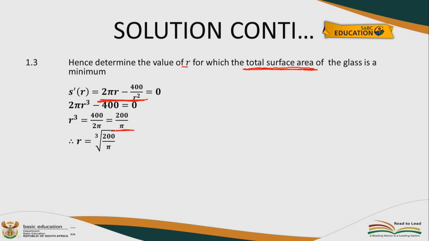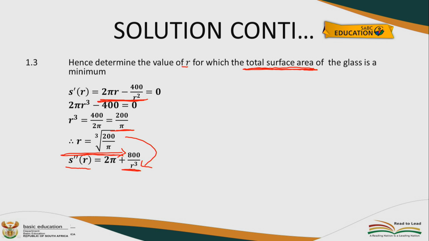Now I still need to verify that I'm going to have a minimum surface area for that value of r. To do that, I'm going to take the second derivative. If I take the second derivative of the expression for surface area, I find that the second derivative is 2 pi plus 800 over r cubed. So if you substitute that value in there, you can clearly see that your second derivative is going to be positive.